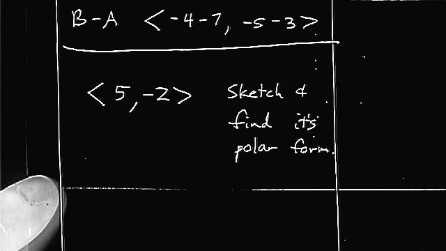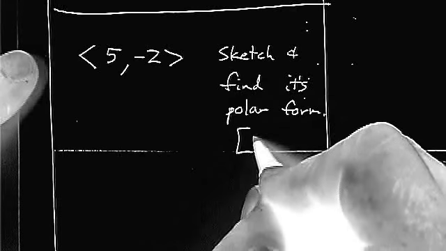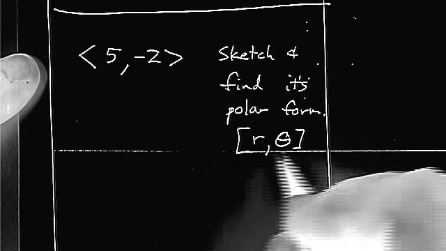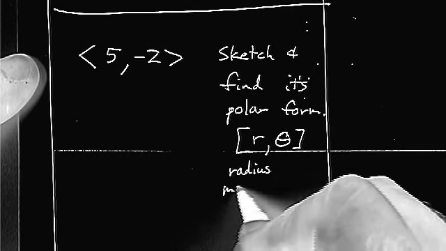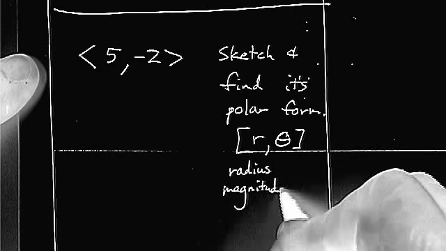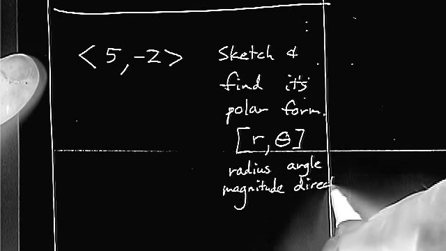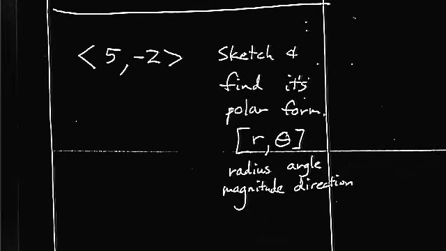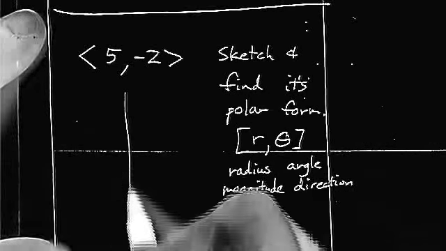Now remember that the polar form is with the radius and the angle measurement, and the other term that we have for radius is magnitude, and the other term for the angle is the direction. I guess the only difference is that direction in terms of a vector is from 0 to the right. So we'll see what we need to do here, but let's sketch it first.